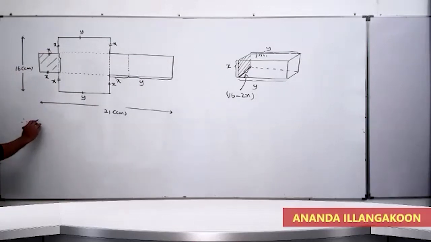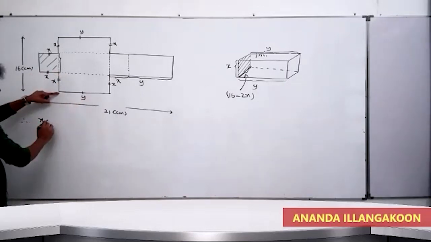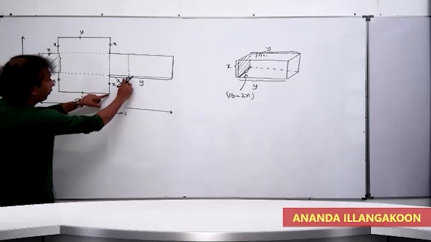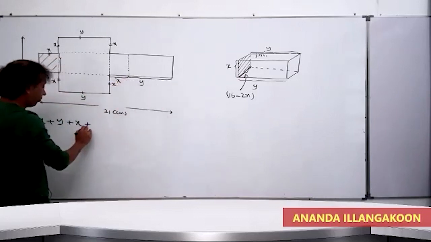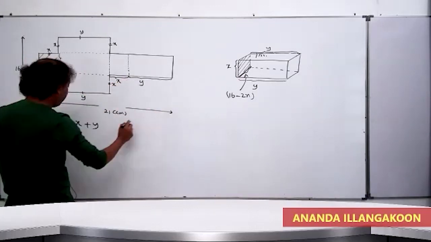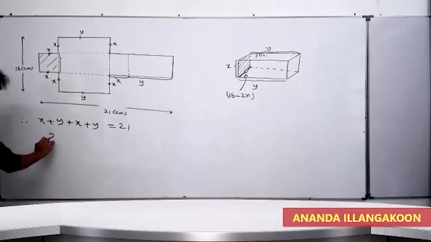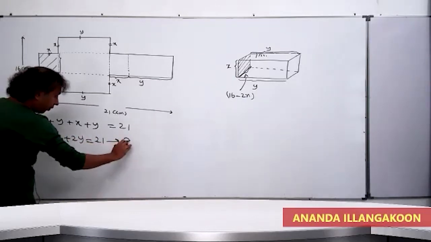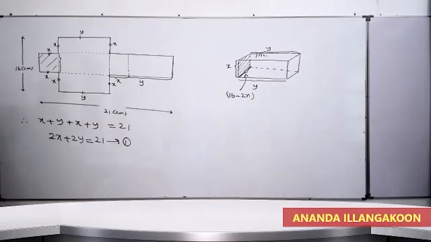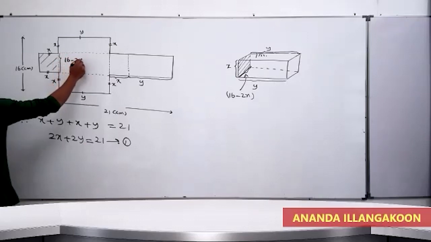Therefore, you can write this is x, this portion, this is y, this is x, this is y, equals this whole length 21. We get what? 2x plus 2y equals 21. Number one. Right. Here, this is 16 minus 2x.